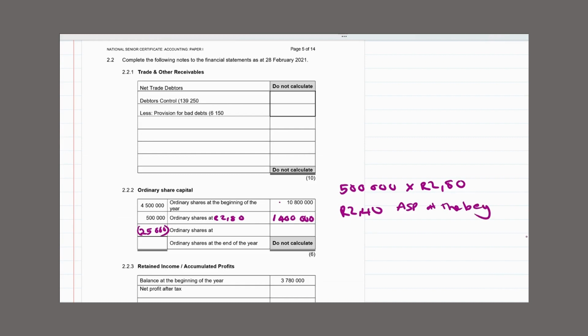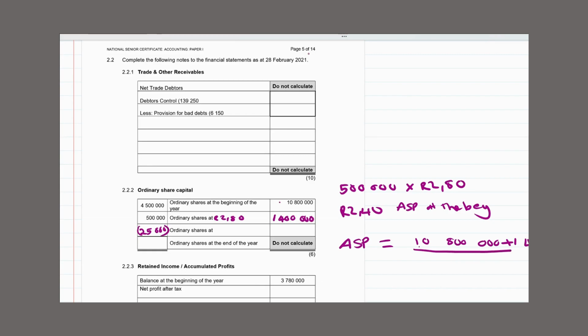But because we had extra shares that were issued before the buyback, we need to add it in order to get our average share price now. So our average share price at the time of this buyback was our 10 million 800,000. To that, we're going to add the one we just did, 1.4 million.